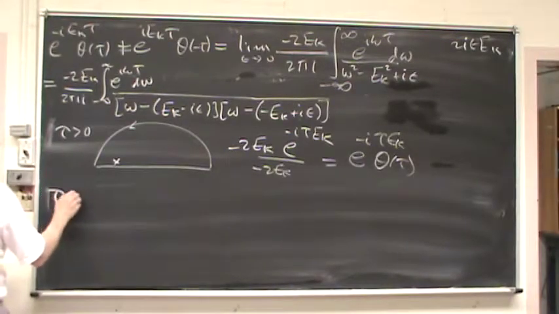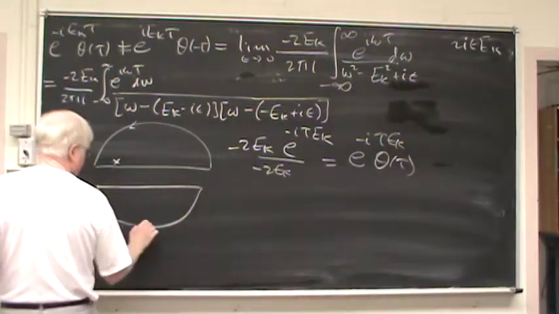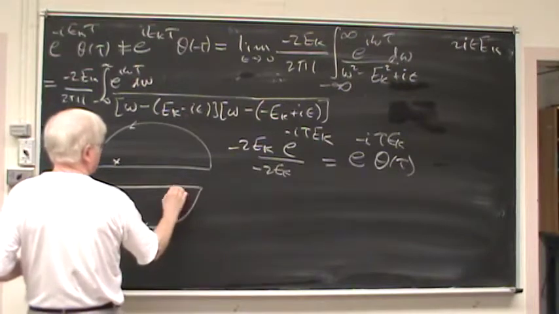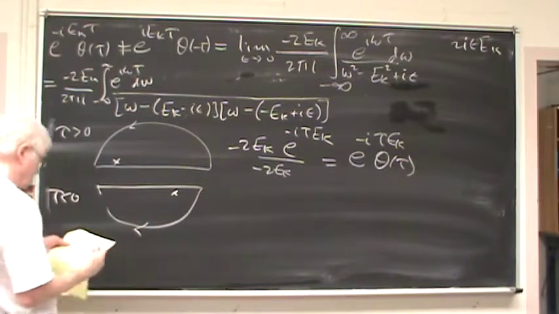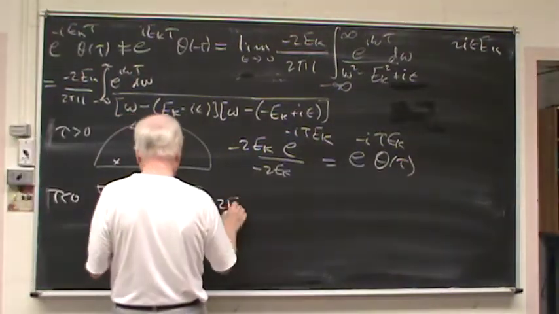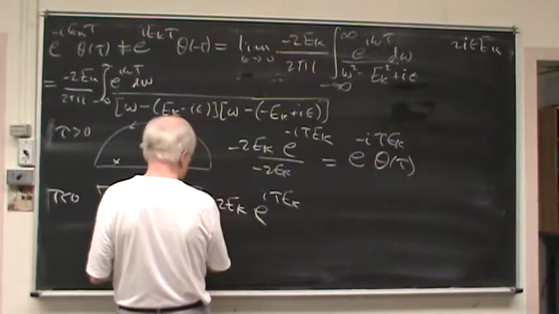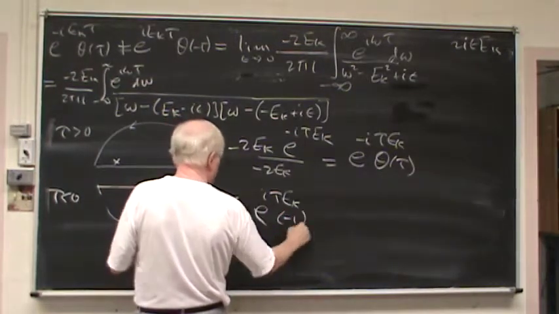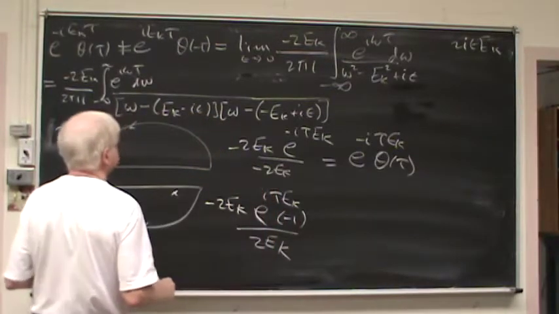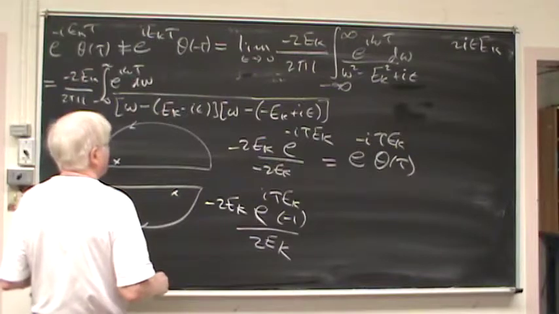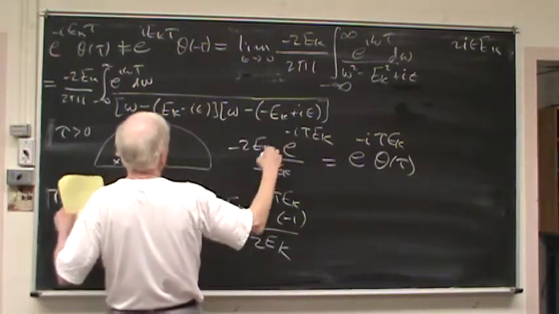If tau is negative, then we add a ghost contour like that, and we pick up this pole, but now we're going clockwise, and we get a minus sign. So altogether now we get minus 2ek, e to the i tau ek, that's this term. Then we have a minus 1, and we have to divide by 2ek, which is whatever's left. Let me see, I keep getting confused here.